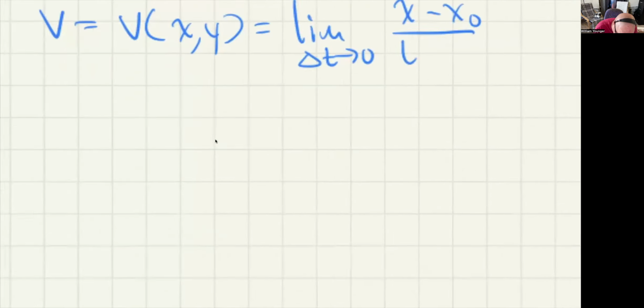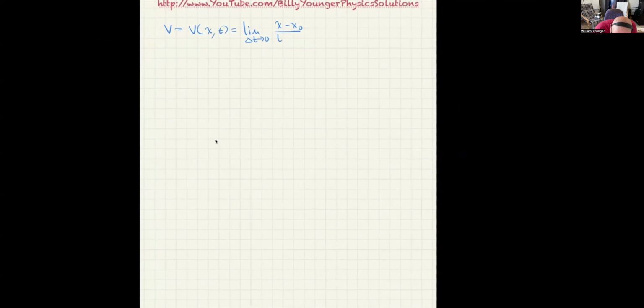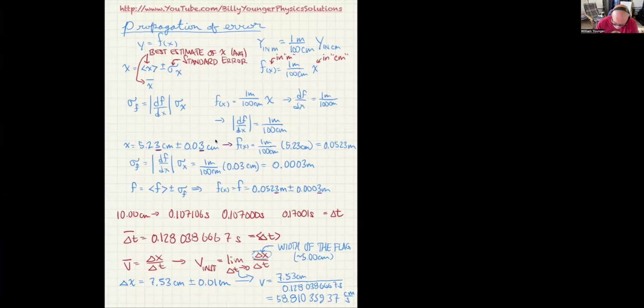It was actually a function of x and t, and the final time is t, and the initial time is t0. But the limiting process more or less became just the fact that we were measuring over a 7.53 centimeter distance. Yeah, 7.53.